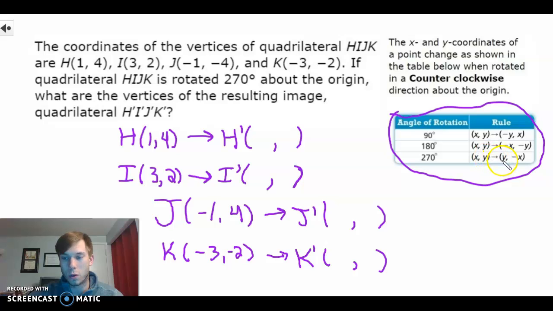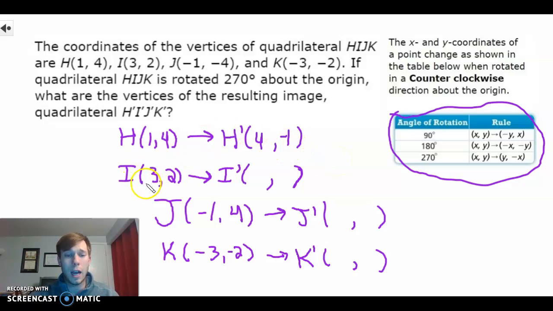The x-coordinate is going to be the original y, so our x-coordinate is 4 in H prime, and our y-coordinate is the opposite of x. Well, x was 1, so the opposite of 1 is -1. So H prime is (4, -1).